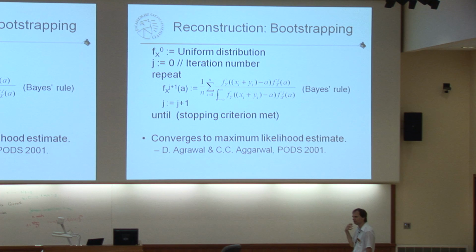So you compare what a uniform distribution would give you with the actual sums you have, and from that you get a slightly better distribution. You keep repeating this until it converges, basically until the distribution that this formula gives you is about the same as the distribution it gave you last time.